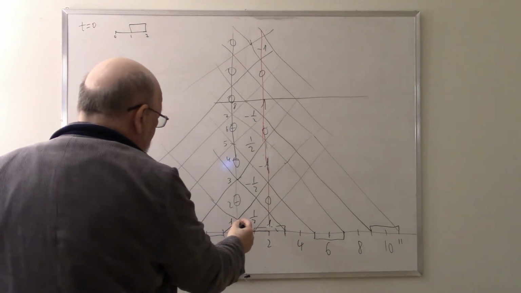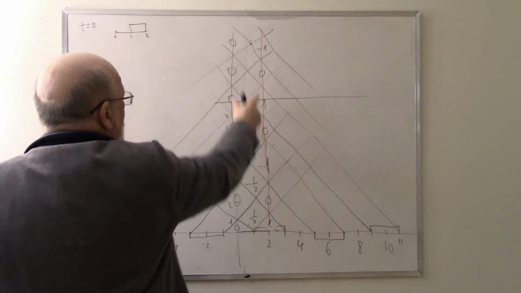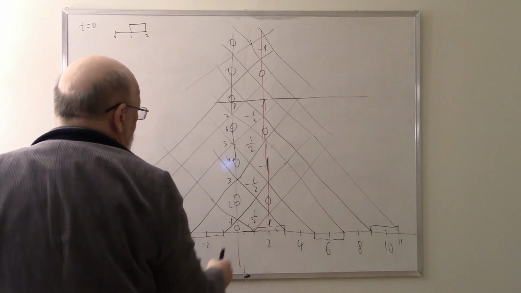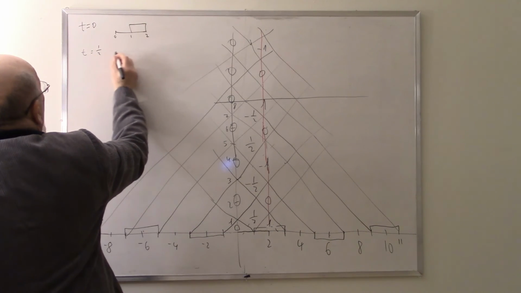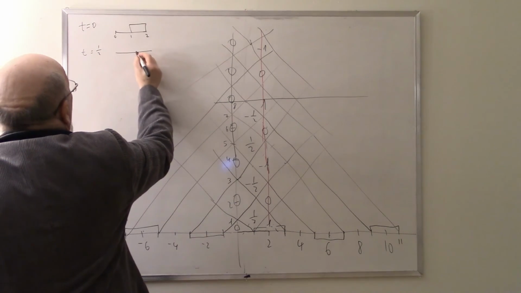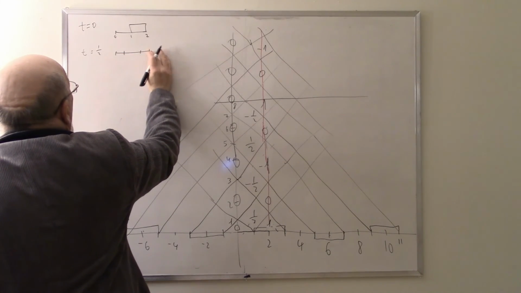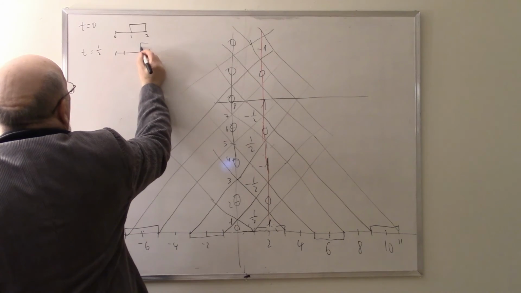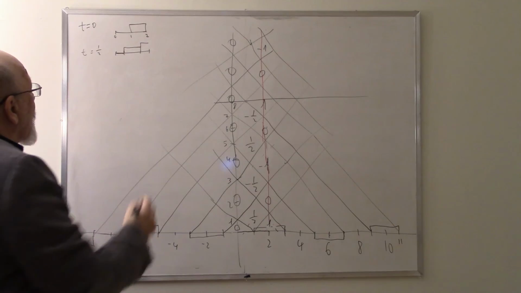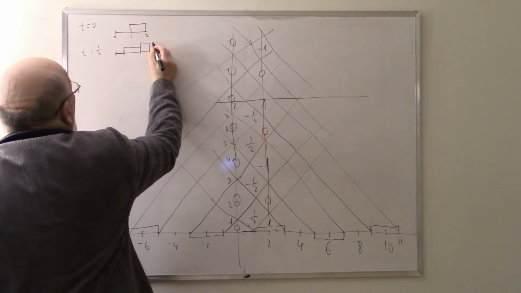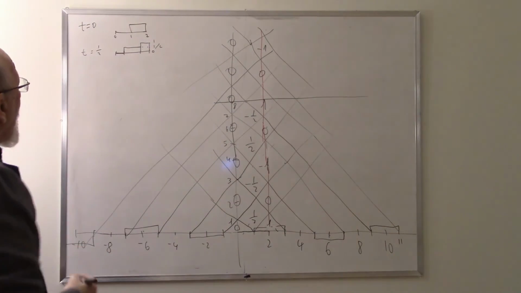Let us take t equal 1/2. This is our domain of interest, x from 0 to 2. For t equal 1/2 we have 1, 1/2, 0.